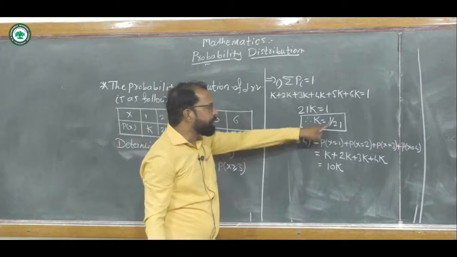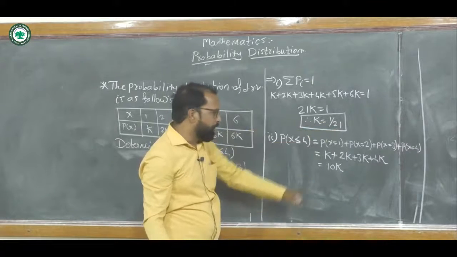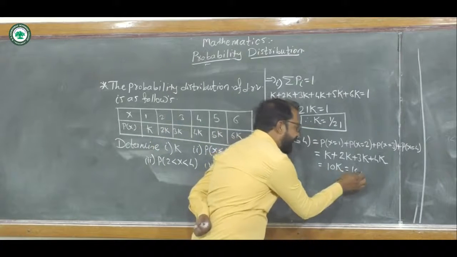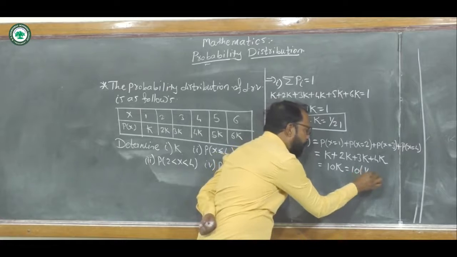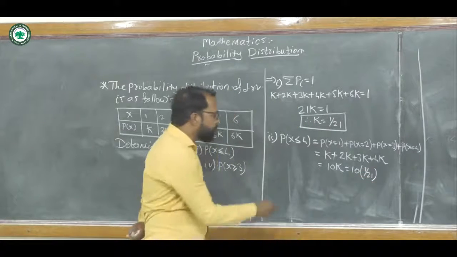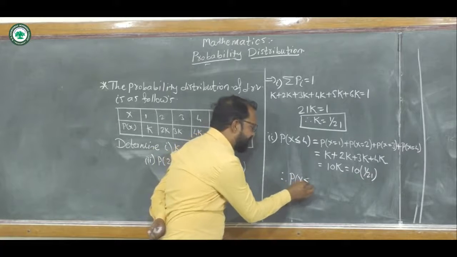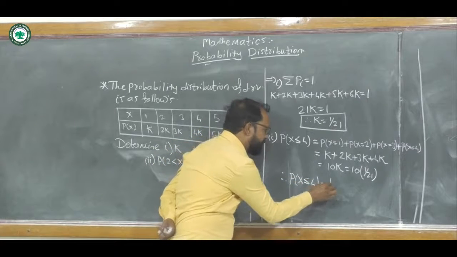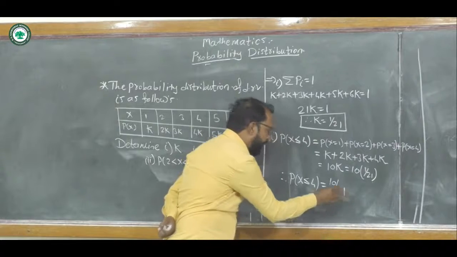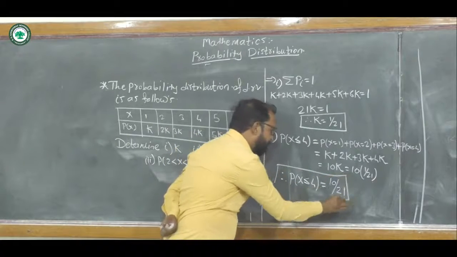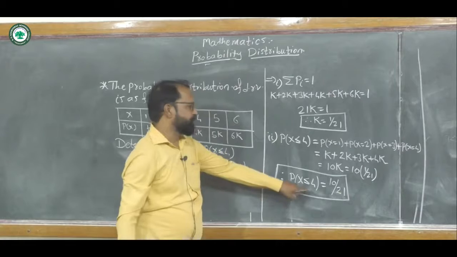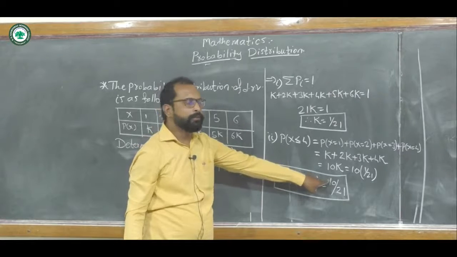Now put the value of k, that is 1 upon 21. So it becomes 10 into 1 upon 21, and finally we get the probability that x is less than or equals to 4 is 10 upon 21.